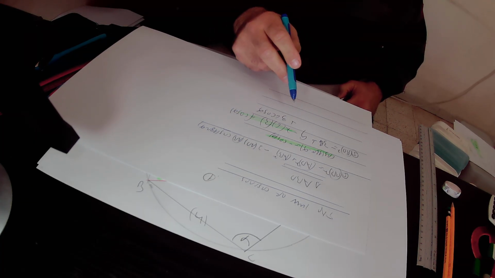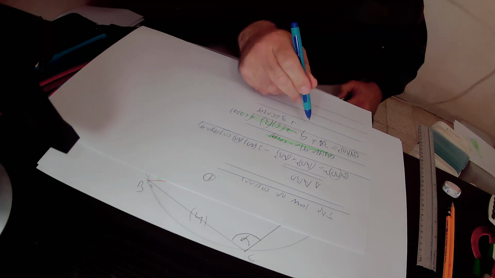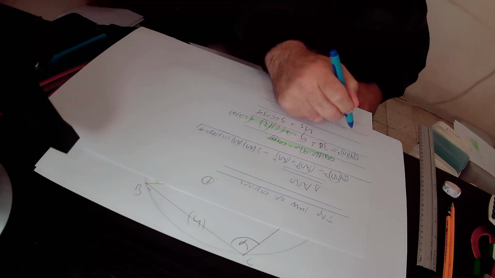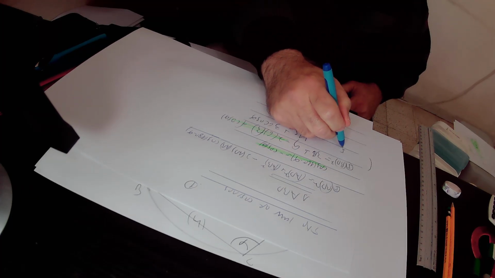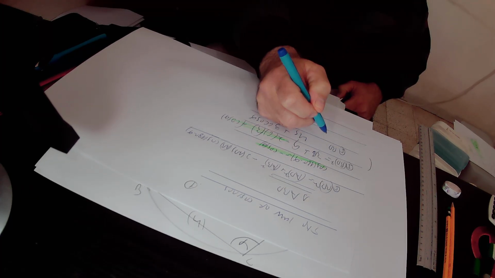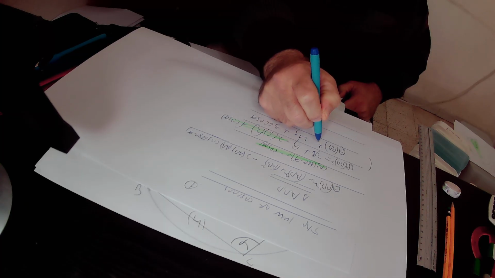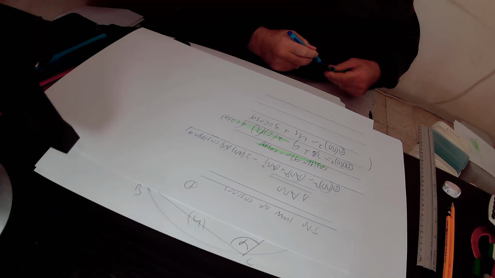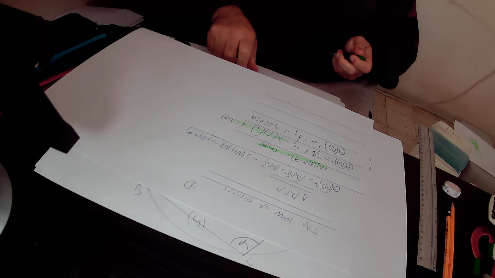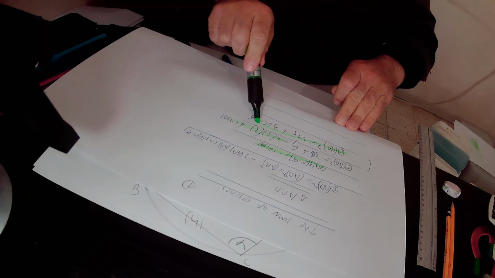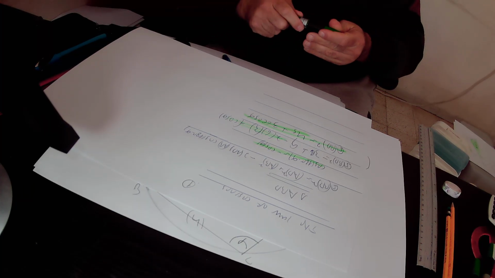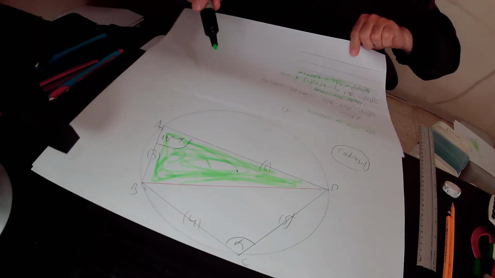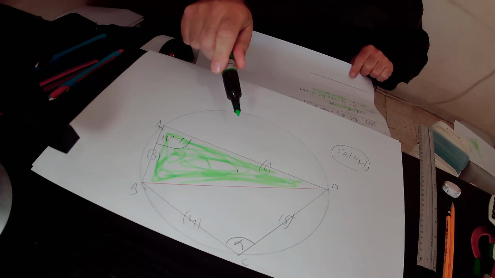Here we also have 36 plus 9, which is 45. So in total, according to equation 1, we found that BD squared equals 45 plus 36 times cosine alpha. This is according to equation 1. In the next step, we will implement the law of cosines in this lower triangle, BDC.